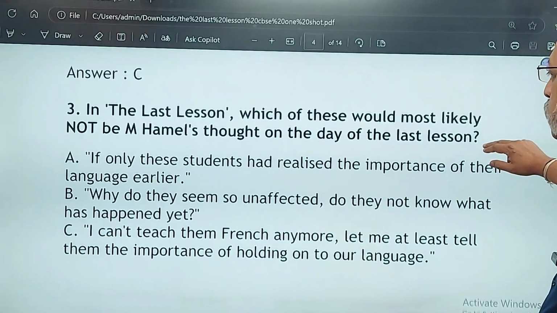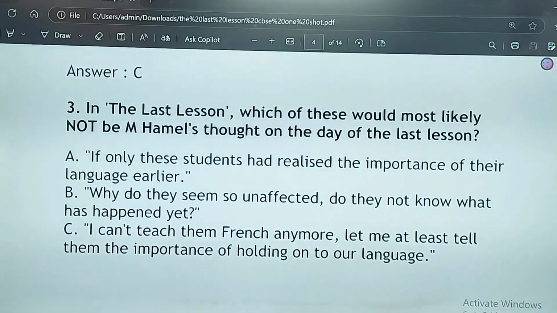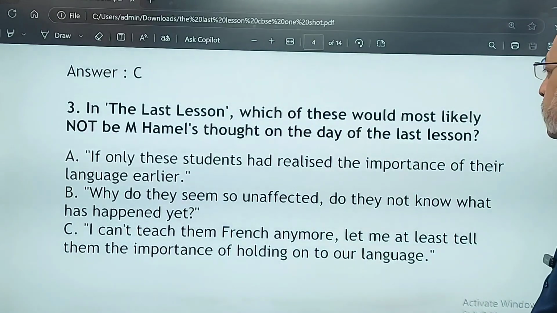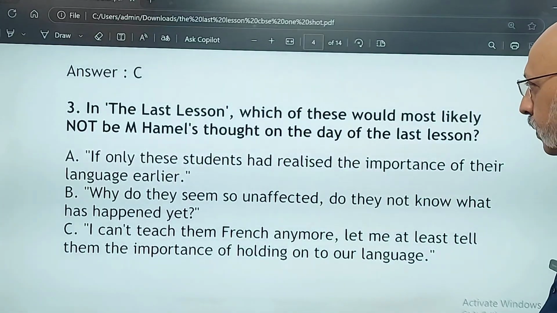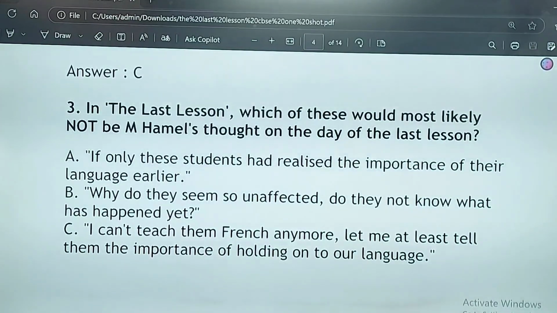In the last lesson, which of these would most likely not be M. Hamel's thought on the day of the last lesson? Read the four options. I'll give you 10 seconds.